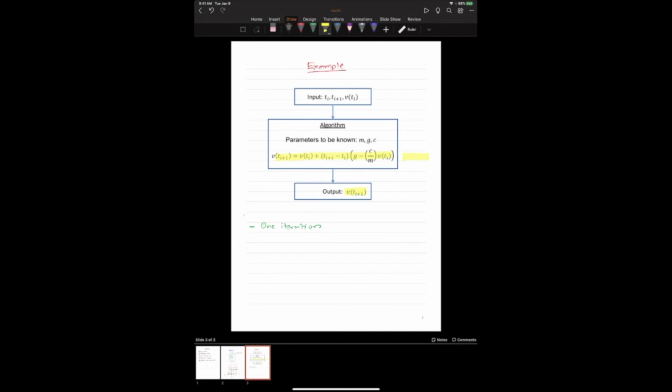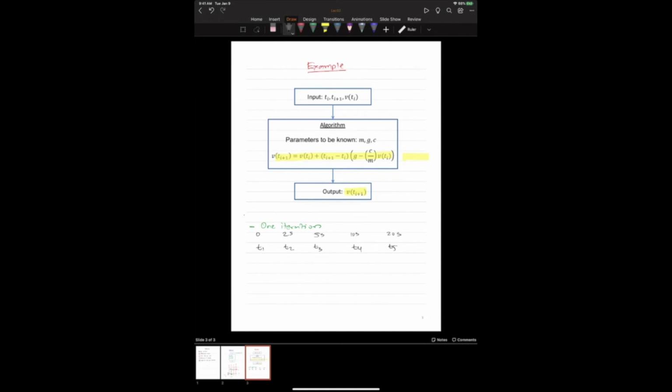Let me write a table here: T1, T2, T3, T4, T5. Let's say I have 5 times. Let's say this is time 0, 2 seconds, 5 seconds, 10 seconds, and 20 seconds. We want to find the velocity at these time instances.